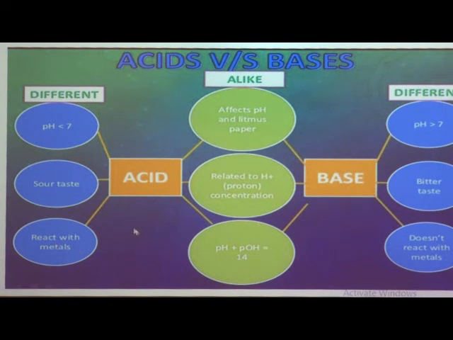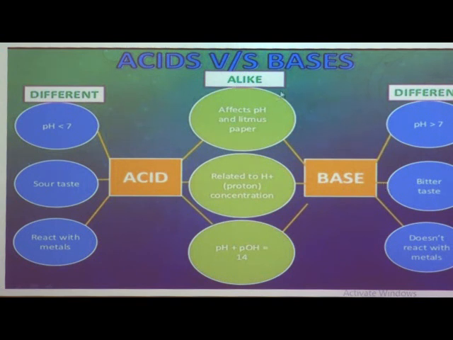So what happens with these metals? The structure of the metal can be changed because of contact with acid. Then for a base, the pH is more than 7, bases are bitter in taste, and they don't react with metals. Bases cannot affect any metallic substances. There is no change when a metallic substance comes in contact with a base. So this is the difference between acid and base.